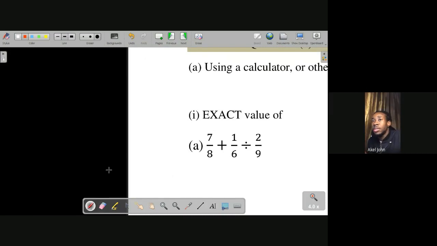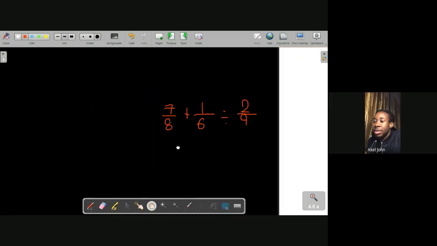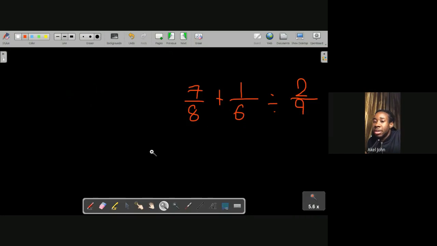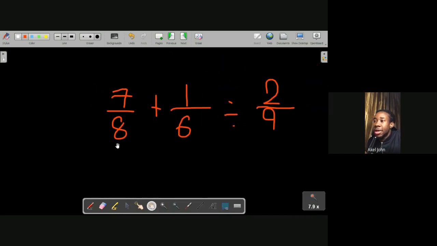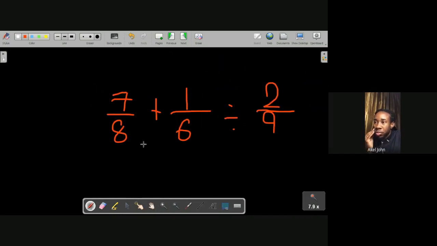So let's simply rewrite it to the side. 7/8 plus 1/6 divided by 2/9. They ask for the exact value, and you're going to understand what CXC means by exact values. When we solve in fractions, there's an order that we go by, and this is called BODMAS.